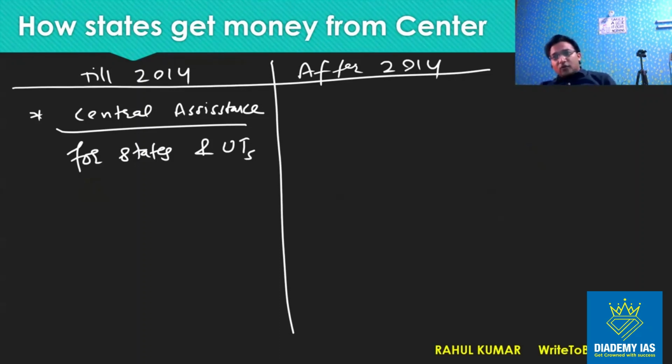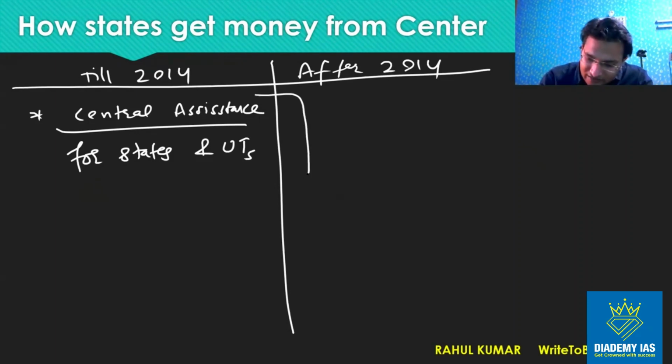So central government contributes some money in the budget of the state government through this mechanism of central assistance, right? So this mechanism of central assistance used to be there till 2014, right? As of now, this mechanism of central assistance, this has been discontinued.